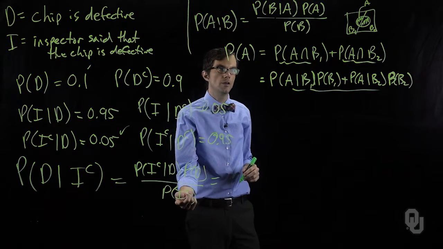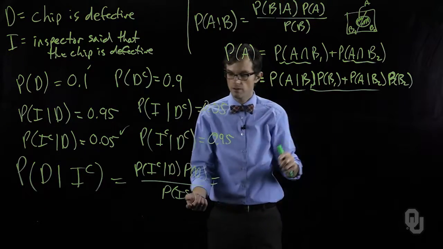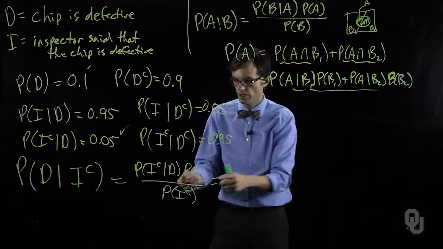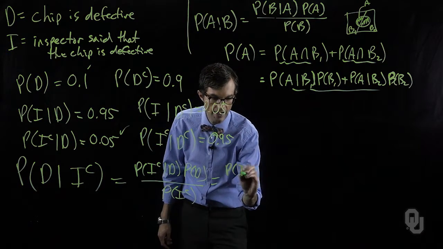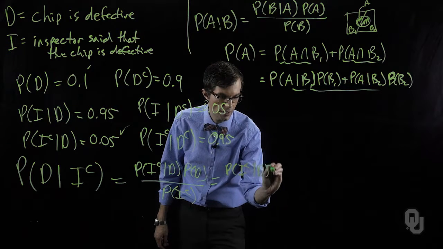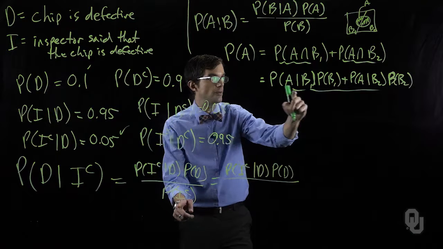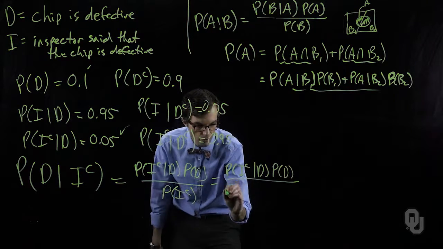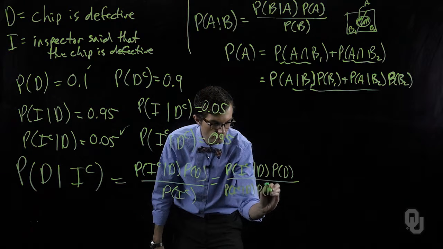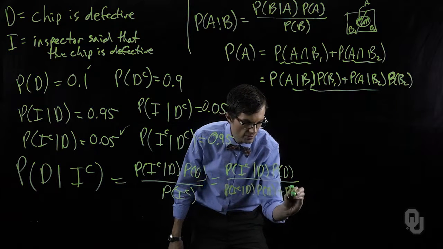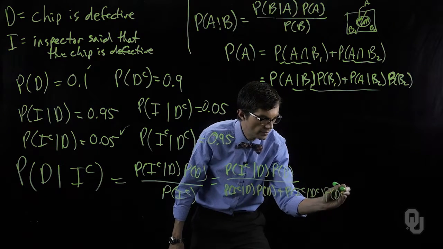So with this idea in mind, we can find this, because we have conditional probabilities and marginal probabilities that would help us find this. So that's going to be the probability of I complement given D times the probability of D divided by, let's just implement this down here, the probability of I complement given D times the probability of D plus the probability of I complement given D complement times the probability of D complement.